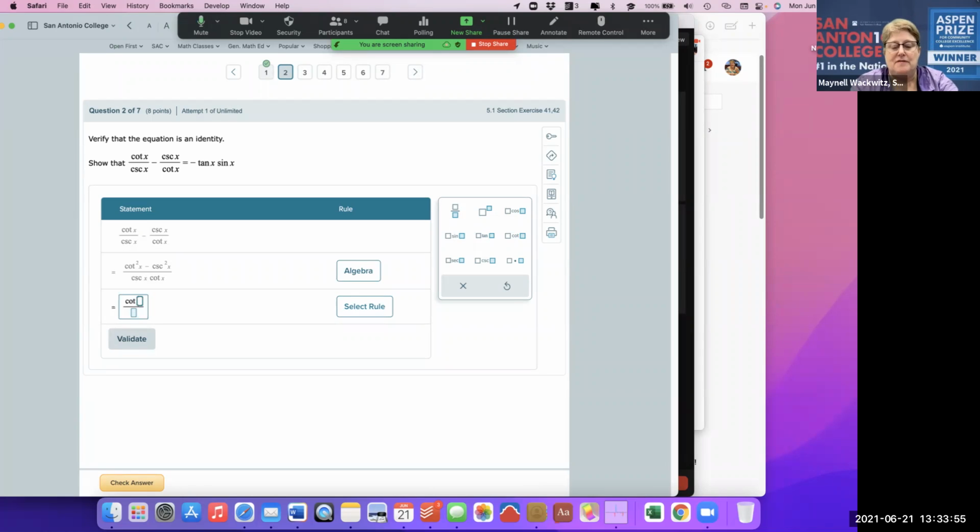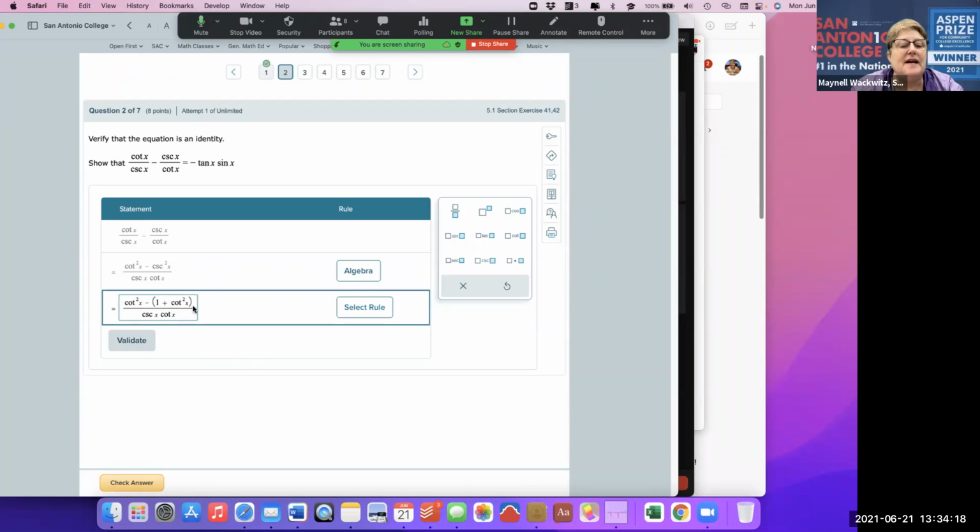All right, so I've got cotangent squared x minus, and cosecant squared x is 1 plus cotangent squared x. In the denominator, I still have cosecant x, cotangent x. What is the rule?